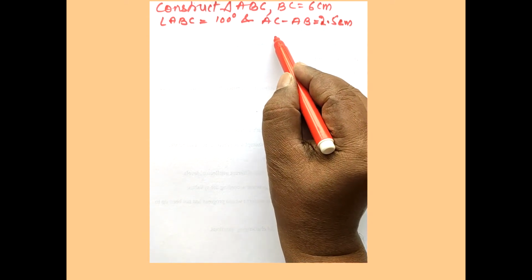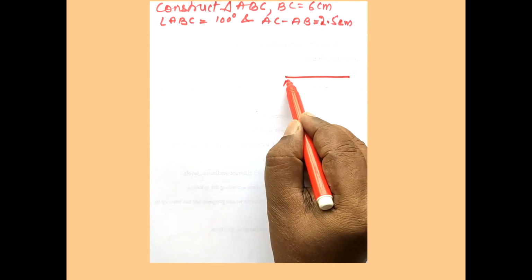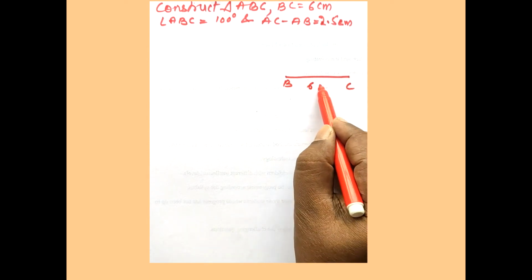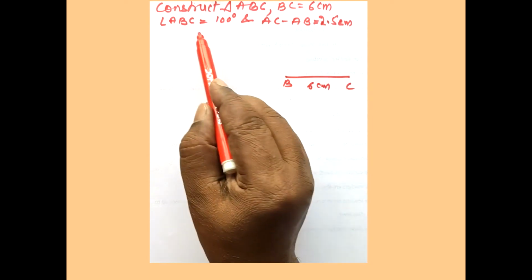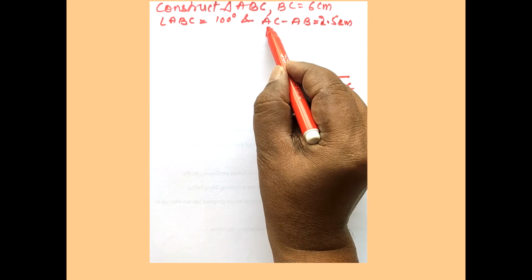So first we'll try to draw a rough diagram. We will write down BC as 6 centimeter. Angle B they are saying 100 degrees, so it will be here somewhere.